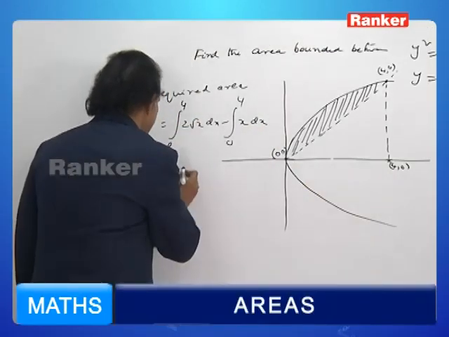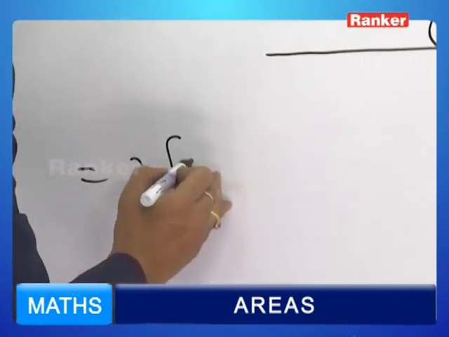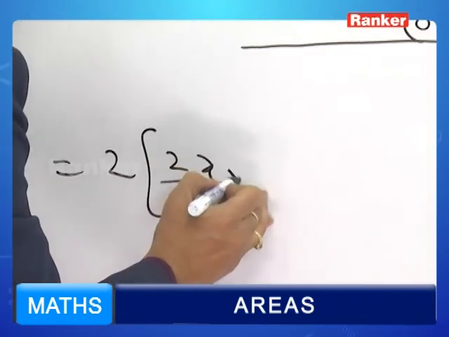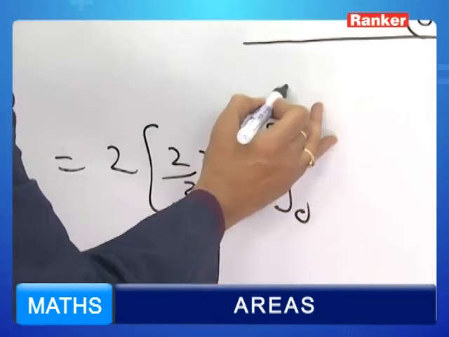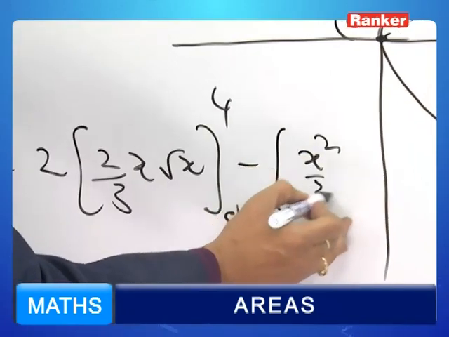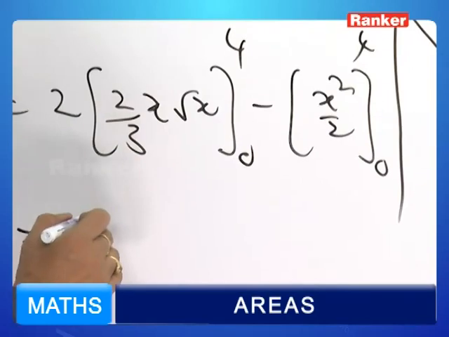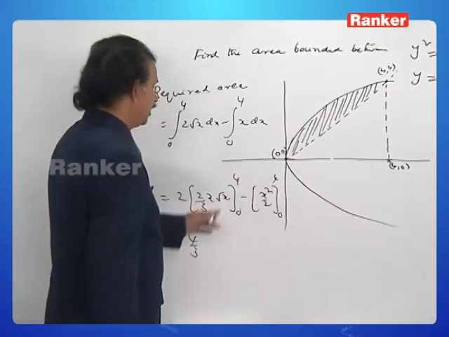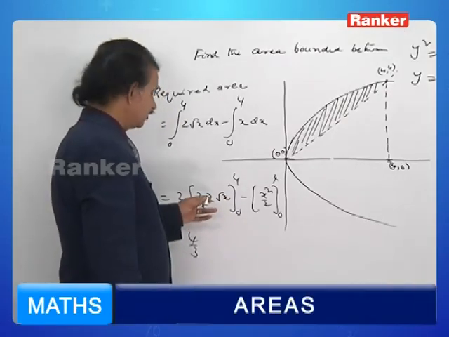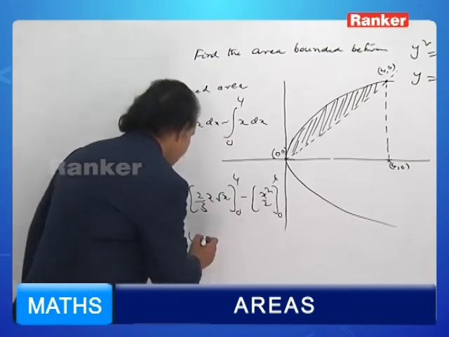Hence the answer is 2 into, what is the integral of root x? 2 by 3 x root x between the limits 0 to 4, minus, what is the integral of x? x square by 2 between the limits 0 to 4. 2 into 2 by 3, 4 by 3 into, if you take x is equal to 4, 4 into root 4, root 4 is 2, 4 into 2 is 8.